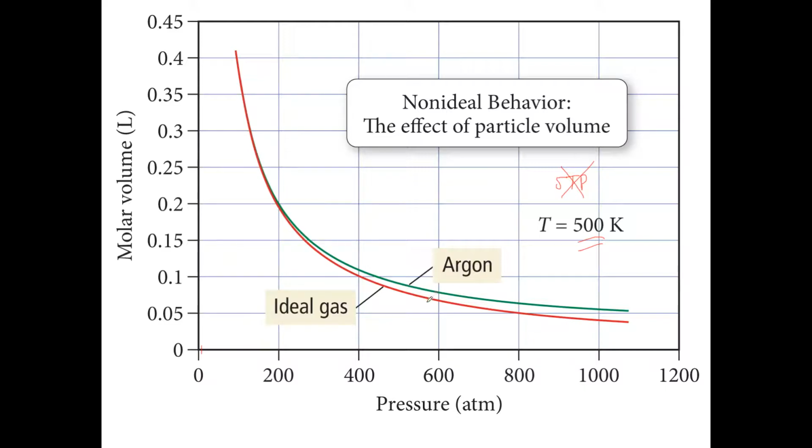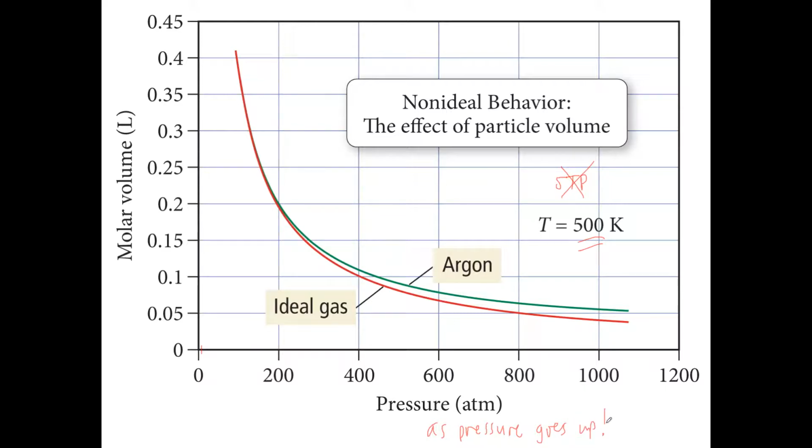But it deviates. How much? When the pressure gets extremely high, argon and an ideal gas become different. This is what we would calculate if we were assuming argon was ideal. This is where argon really is, and you can see that it deviates as pressure goes up.